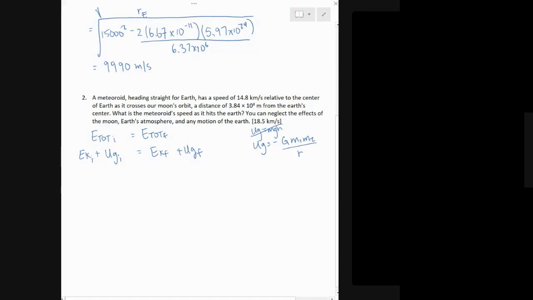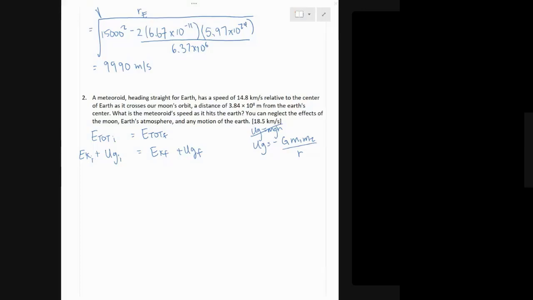Okay, so when we're using this formula, when is it that the UG would be 0? What is the value of R that makes UG 0? Infinity. Yeah, good.